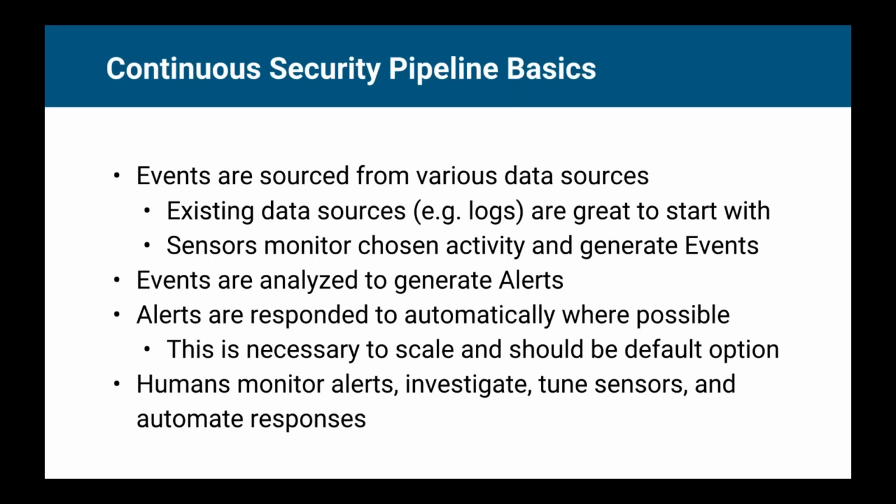It's actually a pretty good response, and you can even do things like acquire more data from a node when there's some level of suspicious activity. And how the human security team interacts with this is they're working on the pipeline by monitoring alerts, doing manual investigation, tuning the sensors to gather more or different data, balancing performance and visibility, and developing and maintaining the automation for the responses.